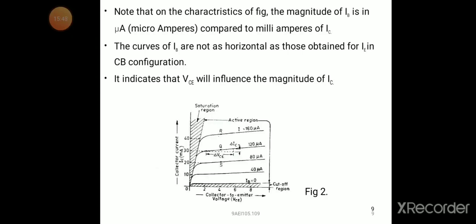So why do we need this? Whenever you want to choose a particular point to operate the transistor, at a particular voltage level and current level, you need to see that VCE changes also change the characteristics, such that you need to take a minimal point on the characteristics curve.